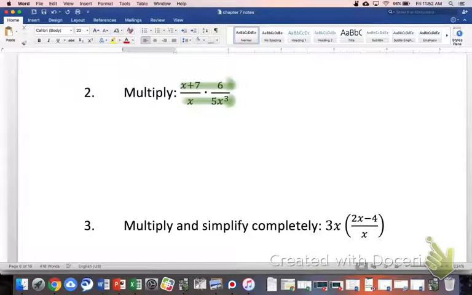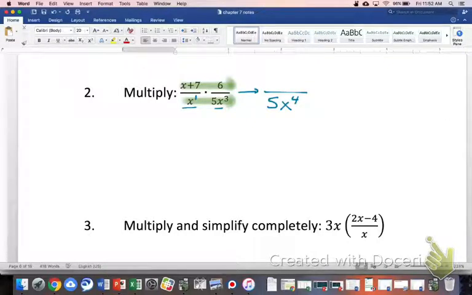And this is where all the work that we've done in the past with exponent rules will come in handy. So first, I'm going to multiply my two denominators together. I've got x to the first times 5x cubed. When I multiply two like bases together, I add my exponents. So this would be 5 times x to the fourth.